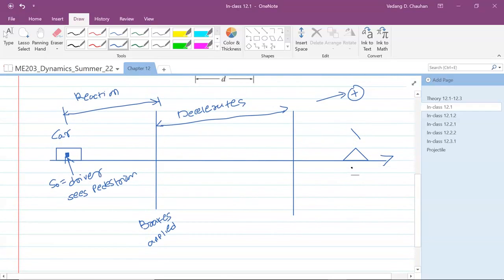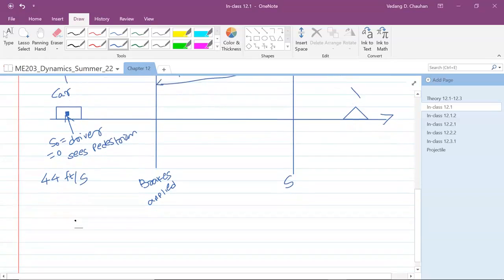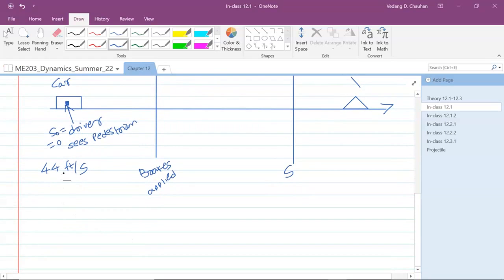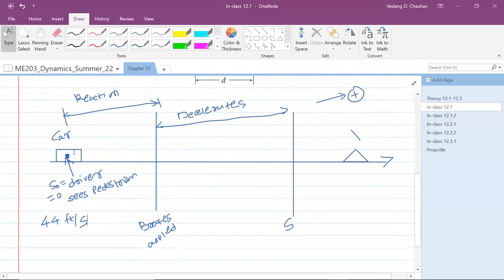We need to calculate this distance s relative to our reference point S0, which we set equal to 0. The car is traveling at 44 feet per second, that is the velocity of the car. So how much distance at this speed does the car travel during the reaction phase?